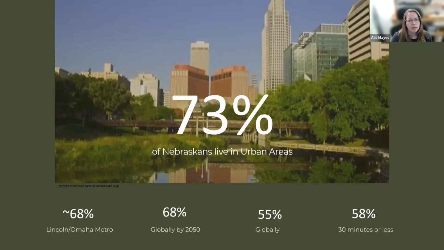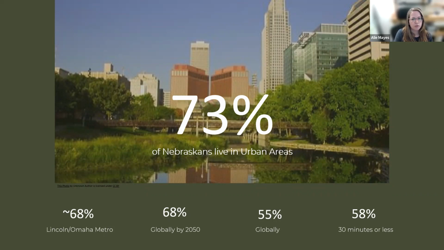The UN estimates that 55% of people globally live in an urban area currently, and that's projected to rise to 68% by 2050. And just another note, 58% of Americans spend 30 minutes or less in nature or outside a day.